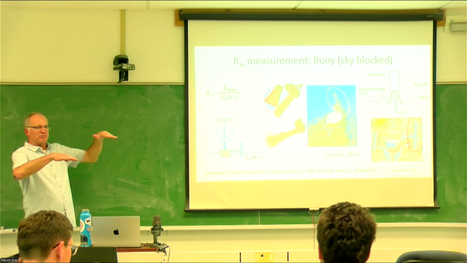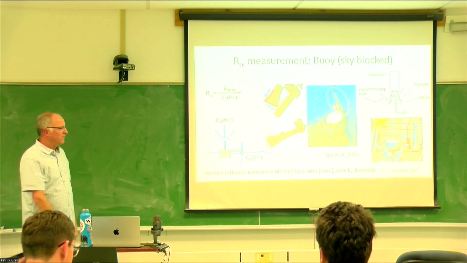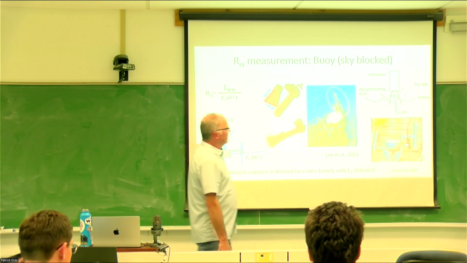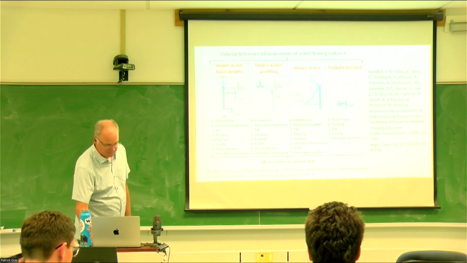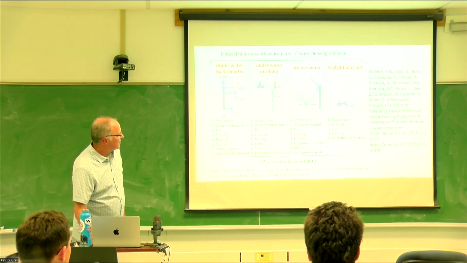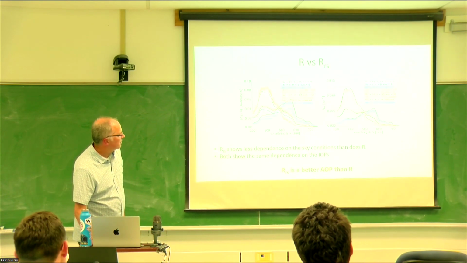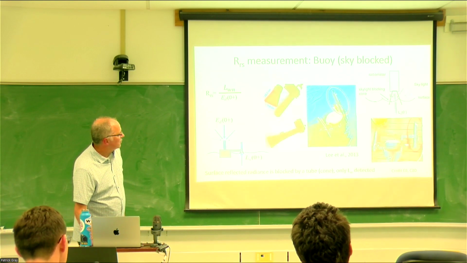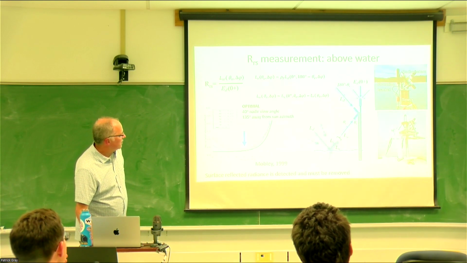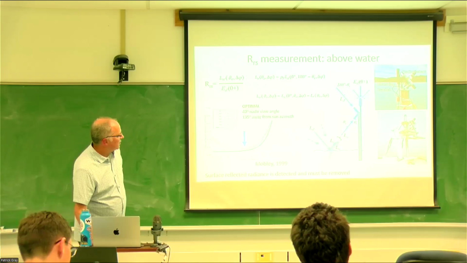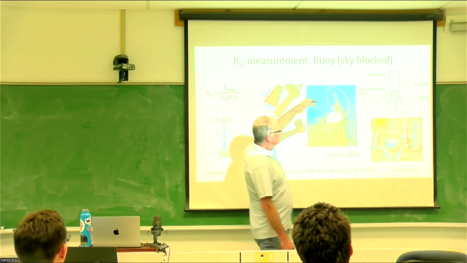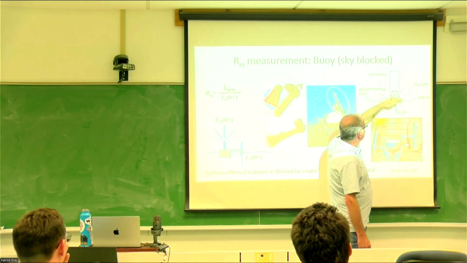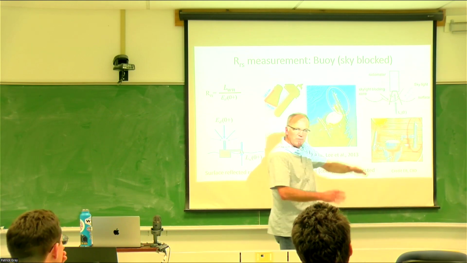So why don't we just measure right at the sea surface? Well, again, go back to what I said here. You still got some component of the sky reflectance coming in. Your LW is just above this water surface.